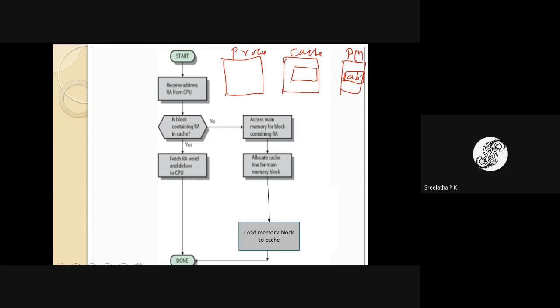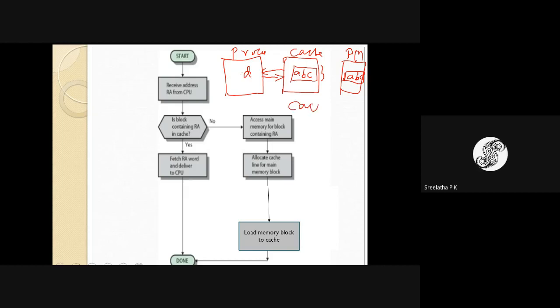Suppose ABC is the data, and ABC is there in cache memory also. The processor wants to update the data. It has copied this block and is changing something. It wants to write D into the primary memory, at a particular location, and that location is present in cache.